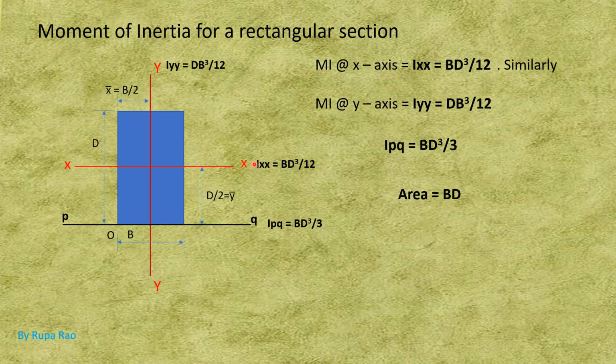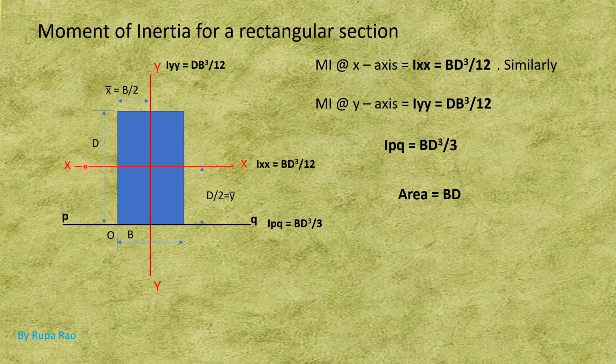And if I want moment of inertia about this Ixx, it is bd cube by 12. The proof for this equation Ixx is equal to bd cube by 12 is not there. So you have to just remember the formulas directly. If I want the moment of inertia about this vertical axis yy, then Iyy is db cube divided by 12. How to remember it?